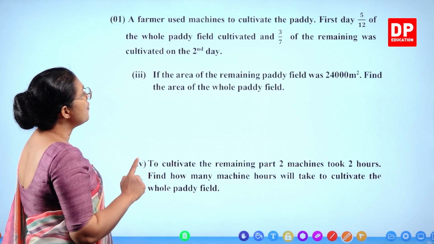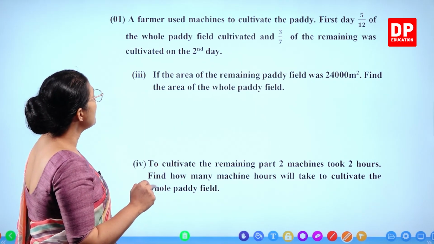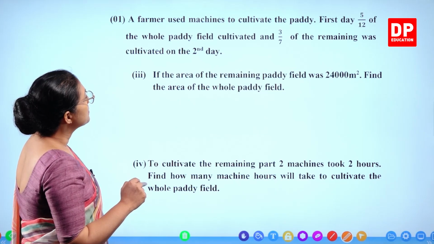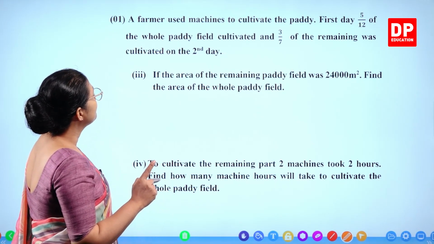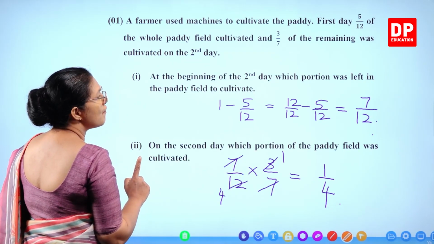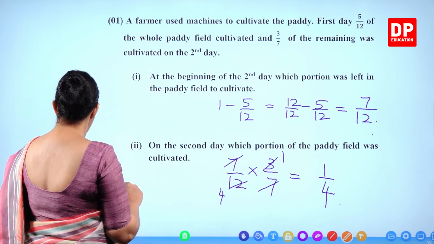If the area of the remaining paddy field was 24,000 square meters, find the area of the whole paddy field. So the remaining part is now, first day 5/12 and the second day 1/4.